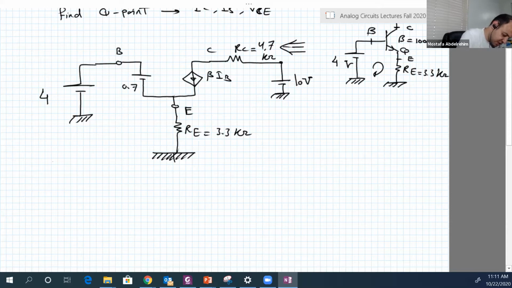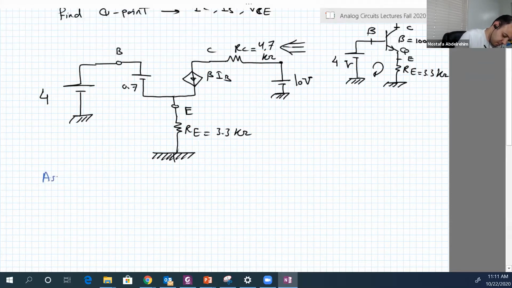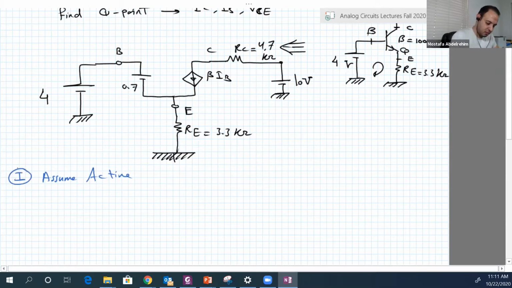So let's solve this question. Let's assume it's active, which means J2 is off. So VBC should be less than 0.4, or even reverse.